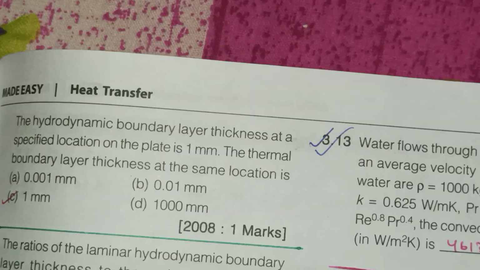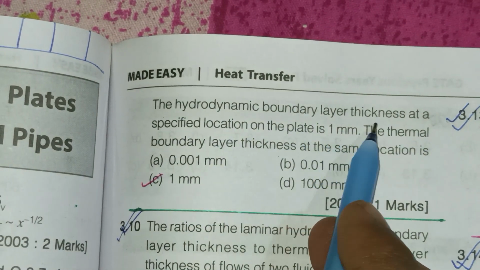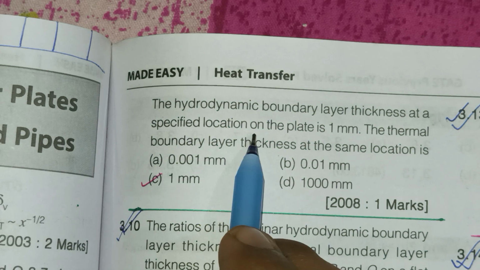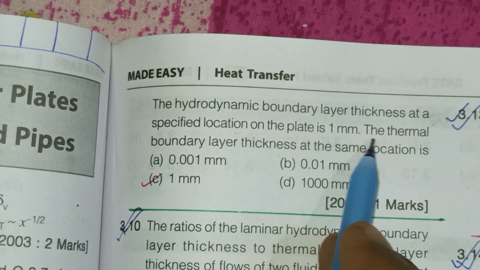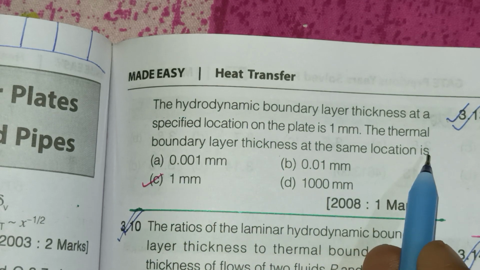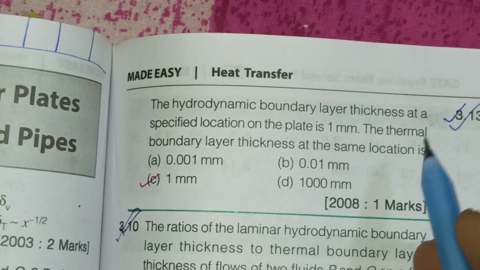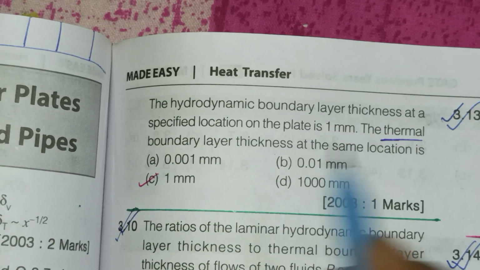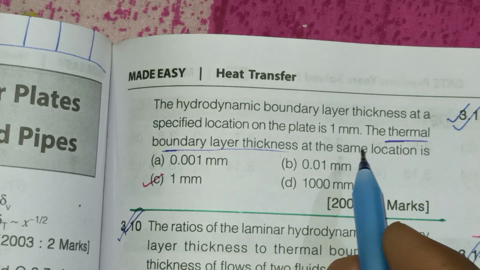The hydrodynamic boundary layer thickness at a specific location on the plate is 1 millimeter. You have to calculate the thermal boundary layer thickness at the same location.